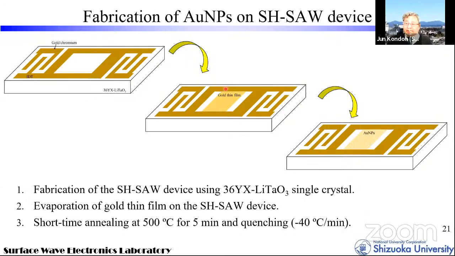Then we fabricated the gold nanoparticles on the SH-SAW device. Firstly, the SH-SAW device was fabricated using 36° YX lithium tantalate single crystal. Using the conventional lithography technique, we patterned the IDT and the propagation surface. The electrode materials are gold and chromium.